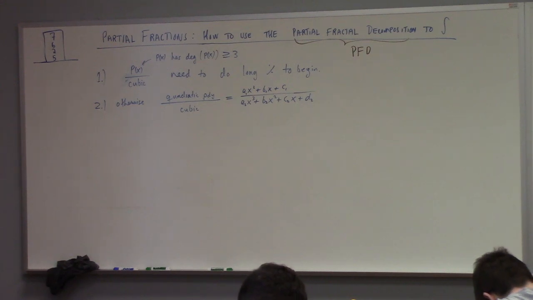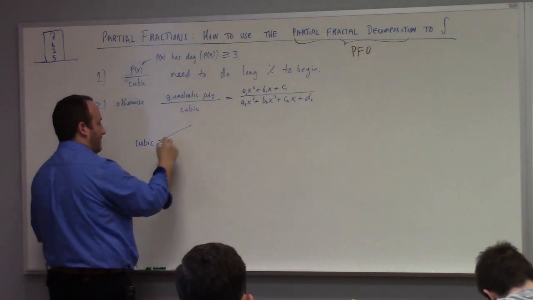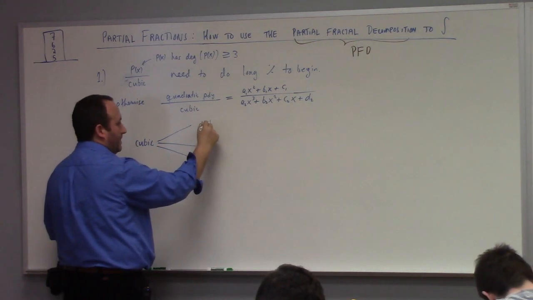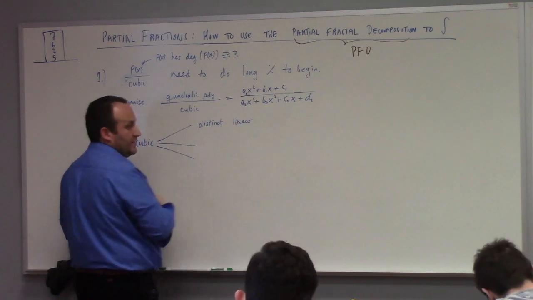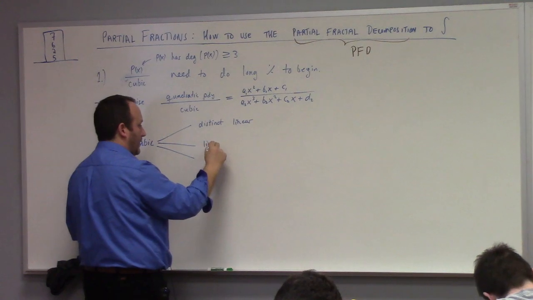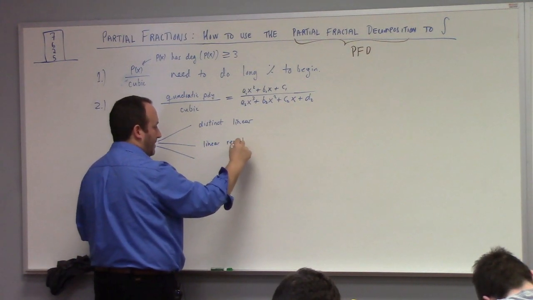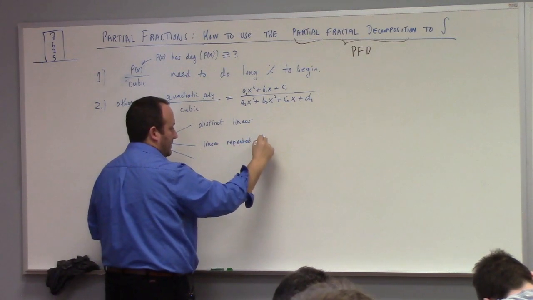So the structure of the partial fractions decomposition depends on the nature of the cubic. If we have a cubic, what are the different ways it can factor? It could be distinct linear factors. You could have a linear factor repeated, and then another distinct linear factor.